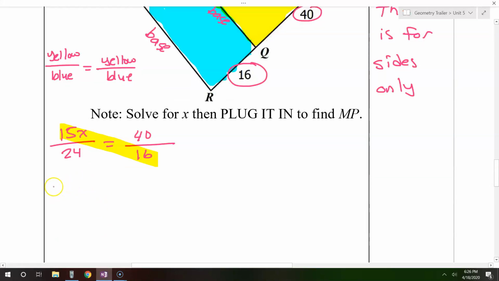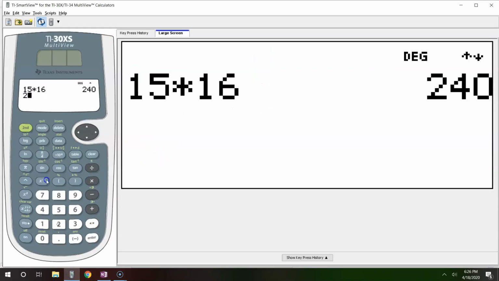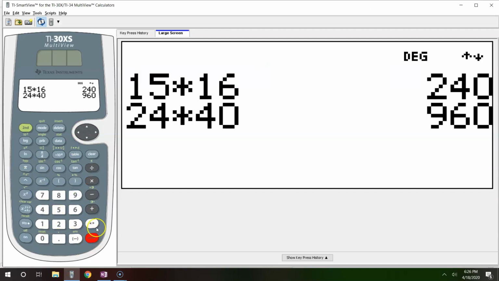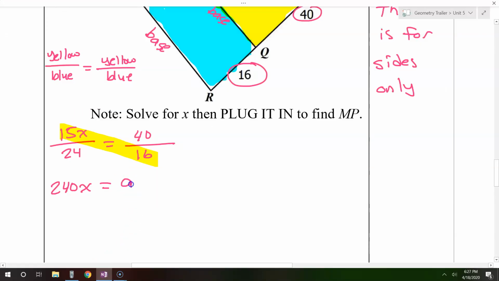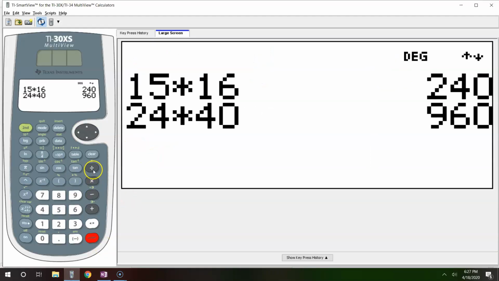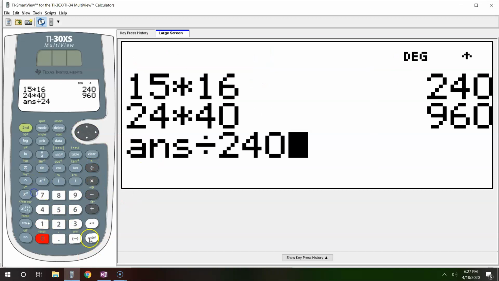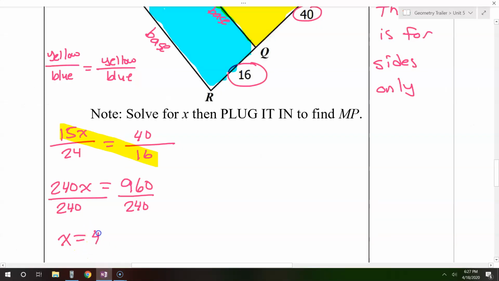So that's going to be 240x. And then 24 times 40 is 960. And then we have to divide both sides by 240. X is equal to 4.